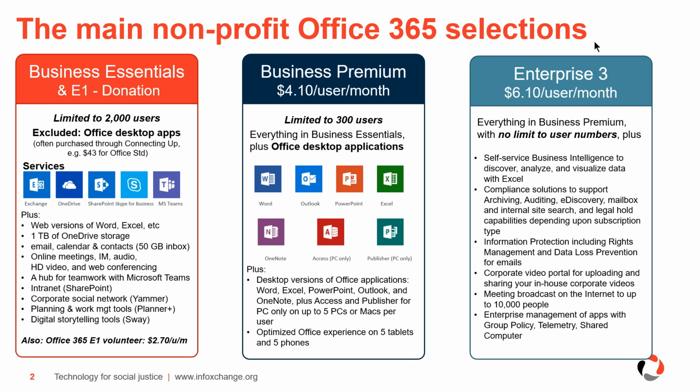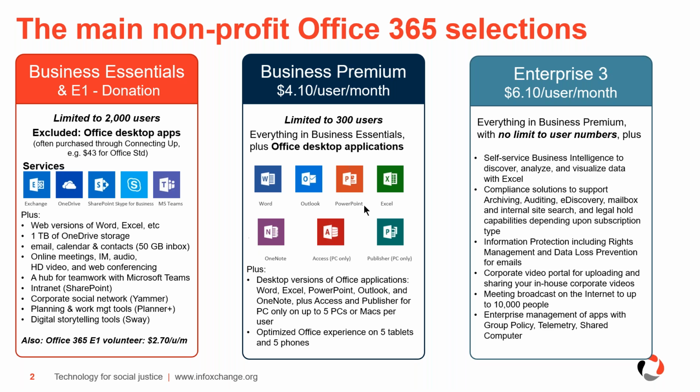So it gives you everything in Business Premium and Business Essentials, e.g. it gives you all the Office applications, it gives you Exchange, it gives you SharePoint, it gives you OneDrive, but it adds in some more sophisticated information rights protection, some more sophisticated compliance solutions to support discovery, archiving, legal hold, etc. on emails, so that you can store a copy of what's happened within mailboxes into the future. And it also gives you some more sophisticated meeting and broadcast facilities.